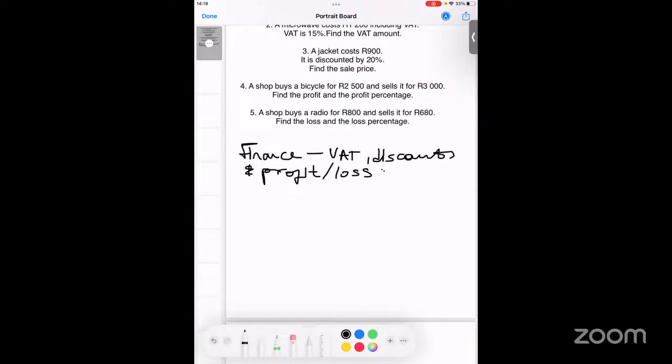So with us doing the calculations, let's firstly try to calculate VAT to say what exactly is that 15%. Remember, percent means out of 100. So I'll therefore say, what is 15% of that 400?